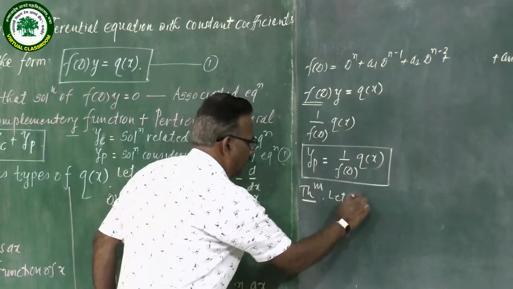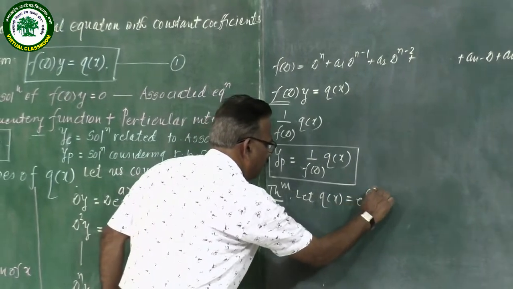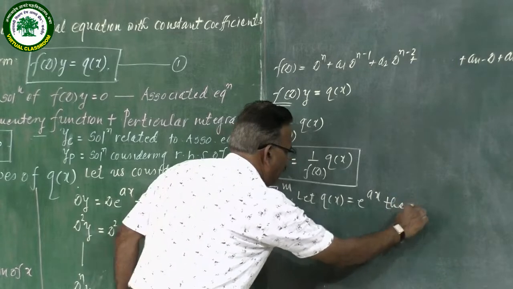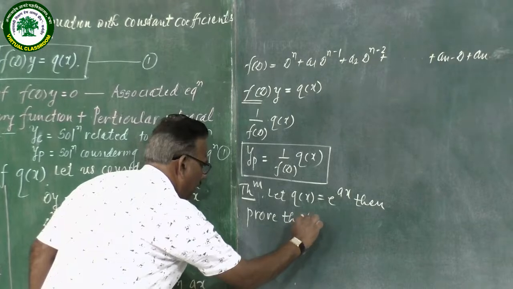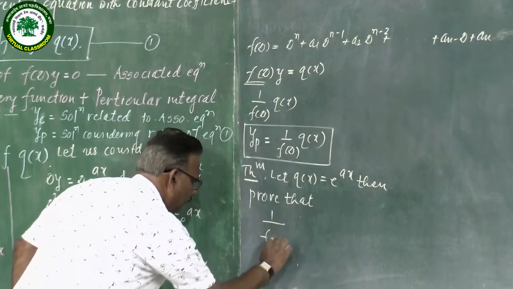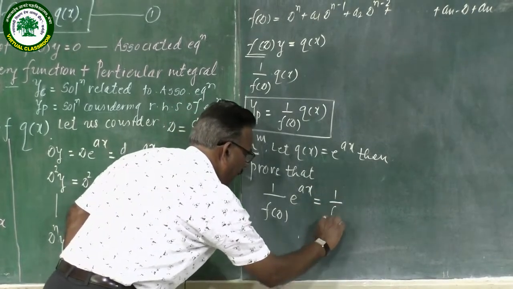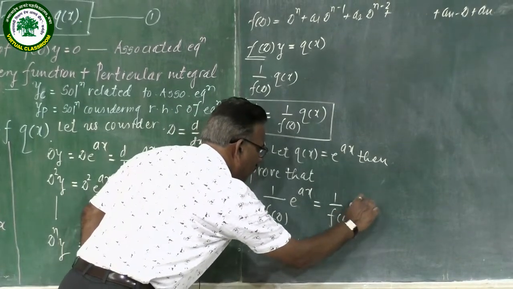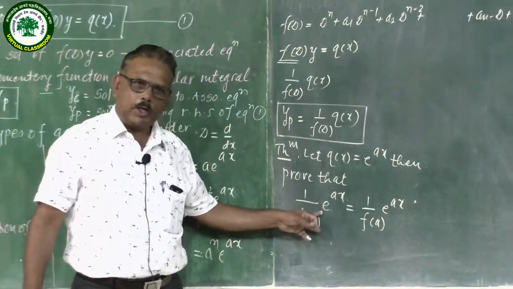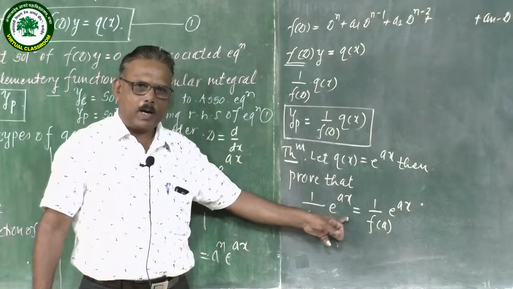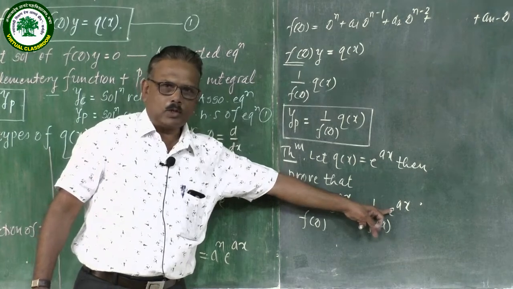Let Q(x) be equal to e raised to ax, then prove that 1 over f(D) operating on e raised to ax is equal to 1 over f(a) into e raised to ax. That means 1 over f(D) is operated on e raised to ax, and the resulting part is 1 over f(a) into e raised to ax.